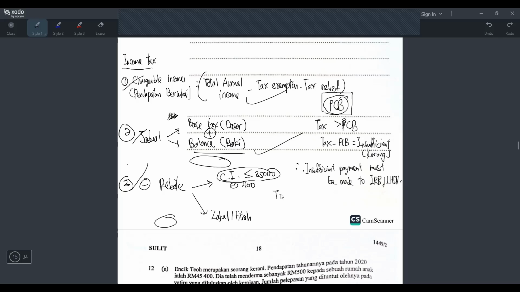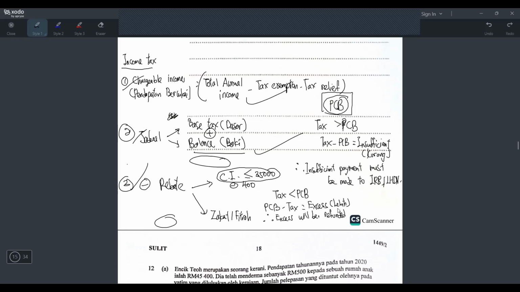right? But what if your tax is less than your PCB? Then you will take your PCB minus tax. But if you take your PCB minus tax, it means you bayar lebih. Bayar lebih, we call it excess, lebih. Okay, yang tadi is kurang bayar yang lebih. So kalau lebih macam mana? Kalau lebih, the excess will be refunded back to you, right?